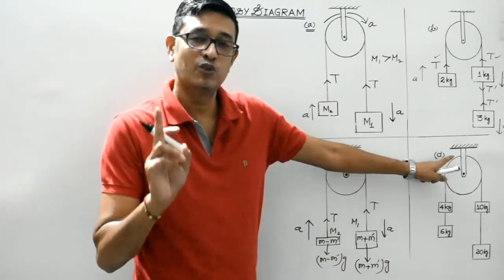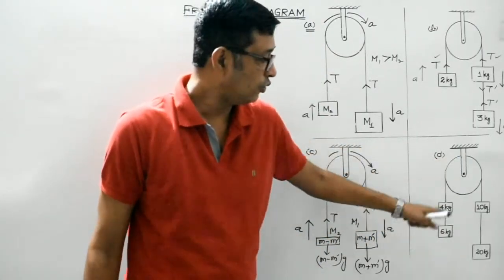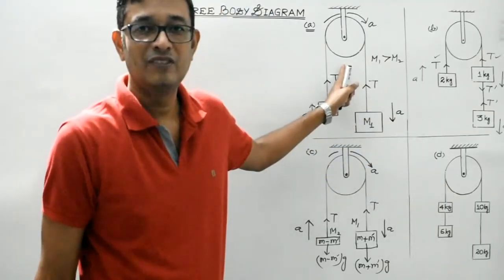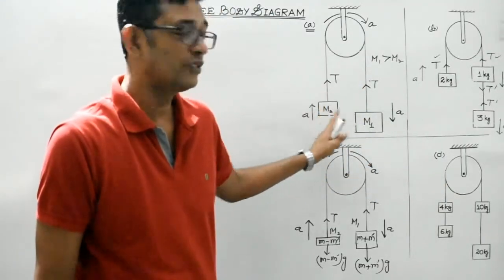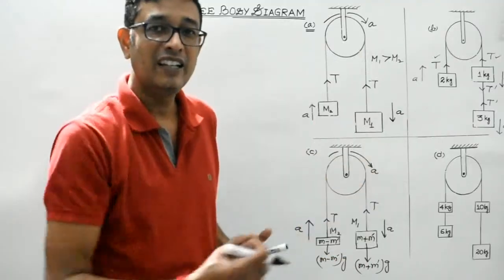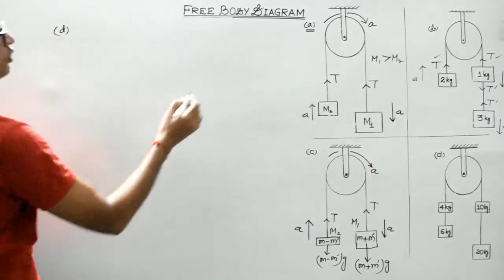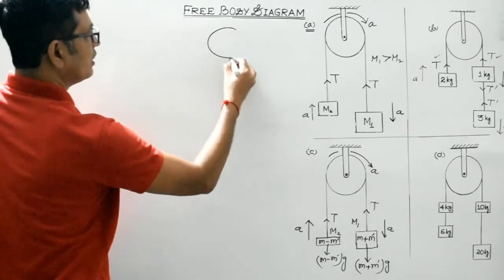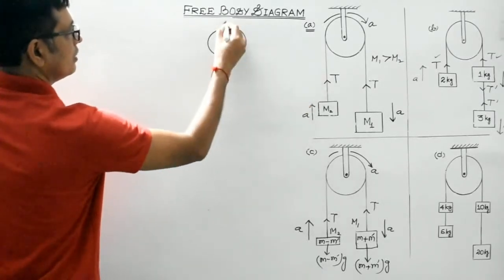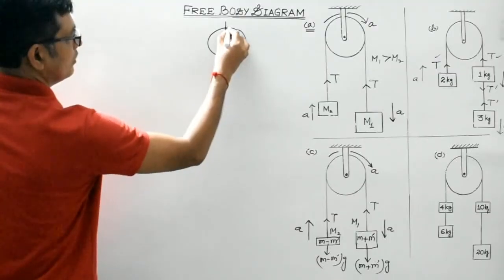So first and foremost, students, the first step is to try to reduce this diagram into this form. This is a system comprising of these two bodies suspended with the help of an inextensible string. So let's first convert it into this type of diagram.